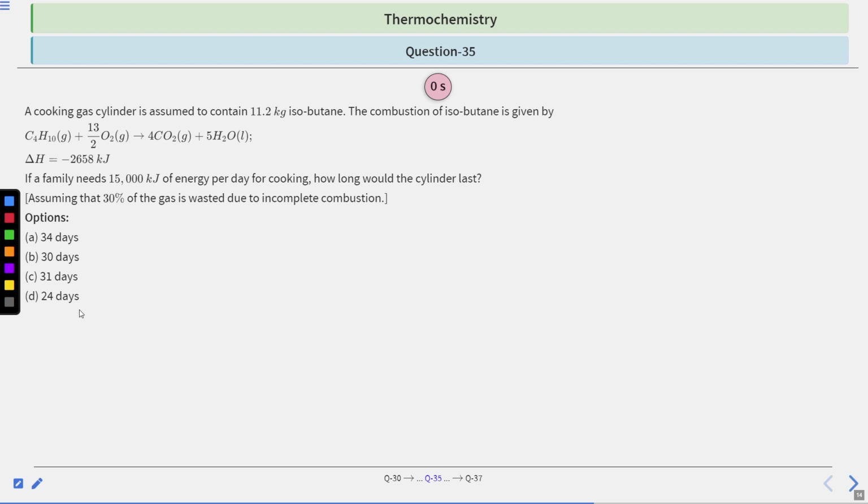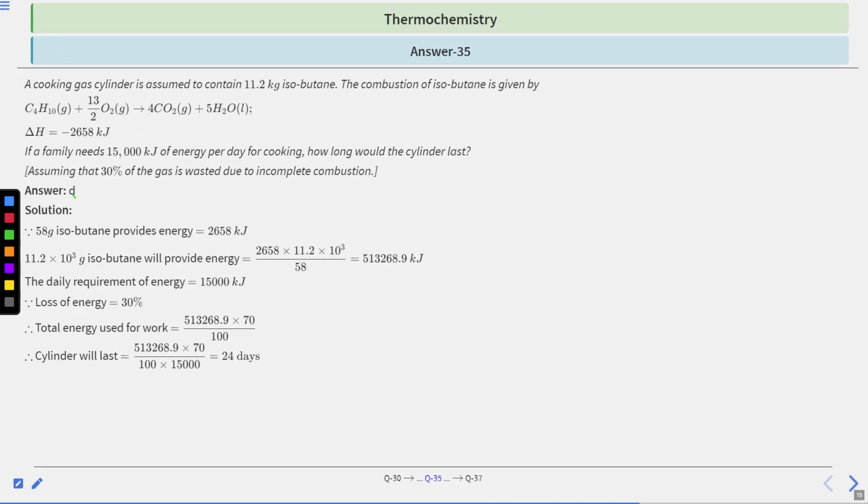The correct answer will be option D, which is 24 days. We have this equation, and according to it, 58 gram of isobutane provides the energy 2658 kilojoule. So how much energy will 11.2 kilogram of isobutane provide?